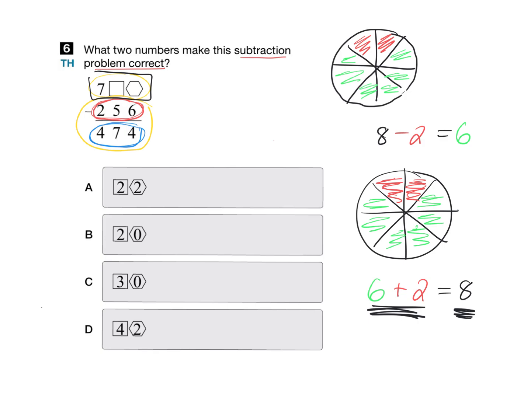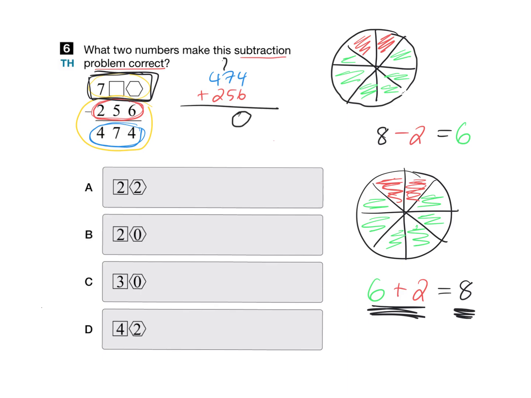We added them together. So if I take 474 and add it to 256, I can actually figure out this missing number. So let's add those together. We're starting with 4 plus 6. 6, 7, 8, 9, 10. Good. Put the 0 here and carry over the 1.